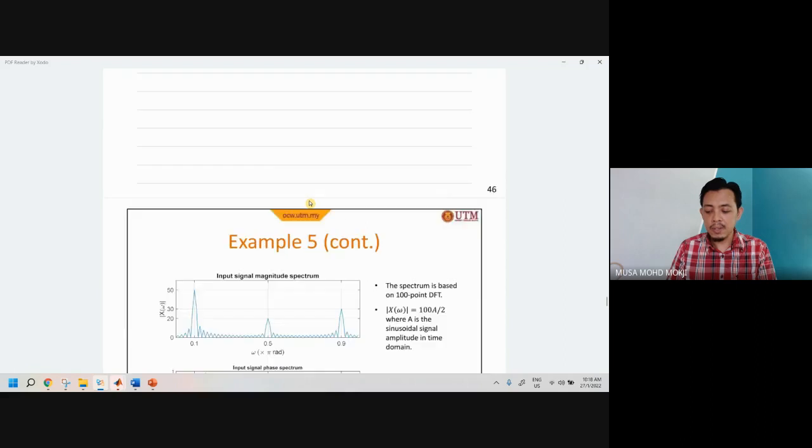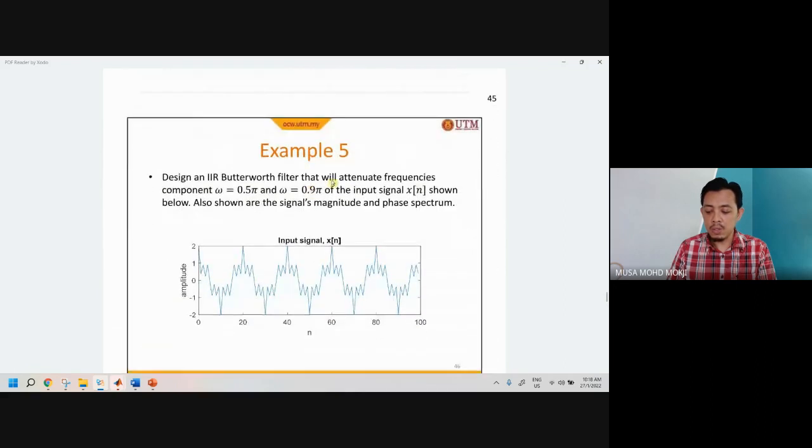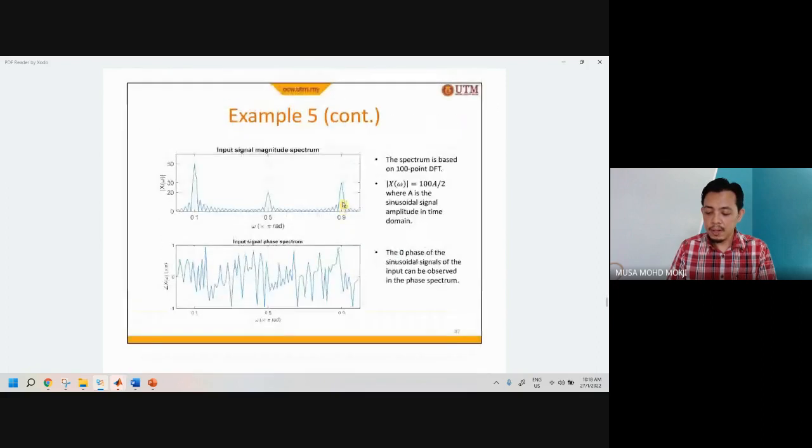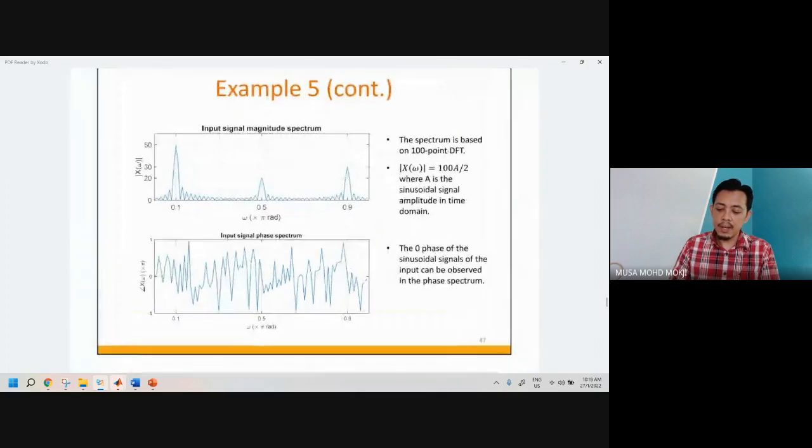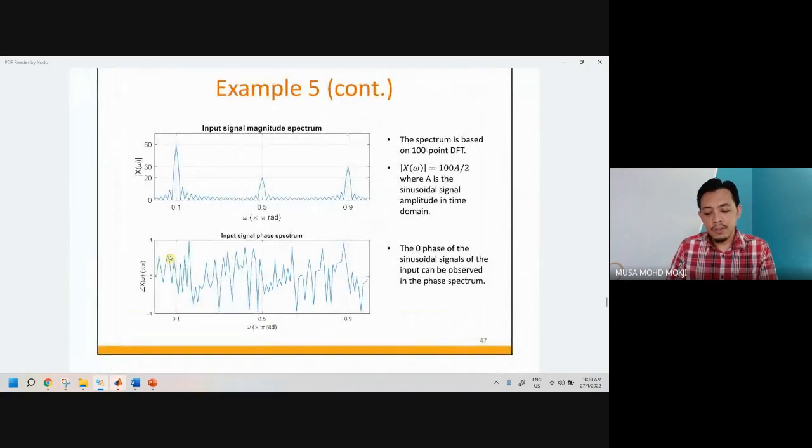In this question, it says that we want to attenuate the frequency components omega equals 0.5 pi and omega equals 0.9 pi. So these two frequencies are the unwanted frequencies, and we need to remove them. Looking at this spectrum, we have three significant peaks. The rest is just side lobes.